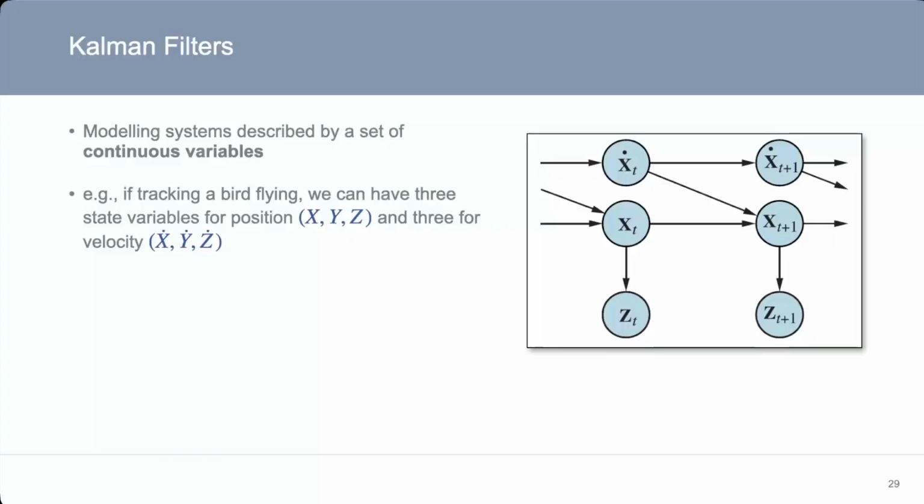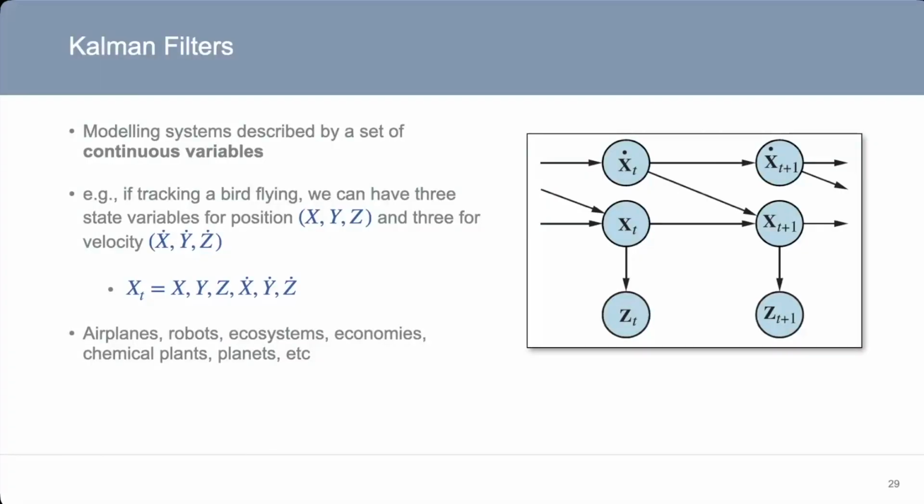So for example, if you want to track a flying bird or any flying object, we can have 3 state variables for position and 3 for velocity. And remember, all of these variables can have continuous values. Kalman filters have been used in reasoning about the trajectories of airplanes, robots, ecosystems, planets, etc.